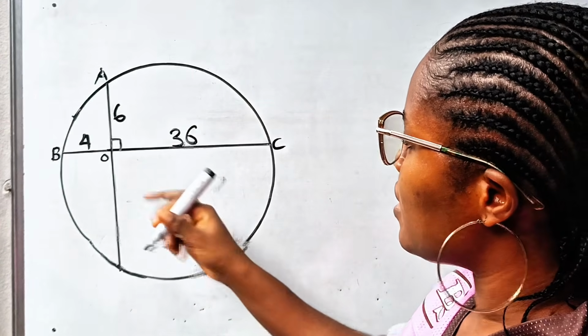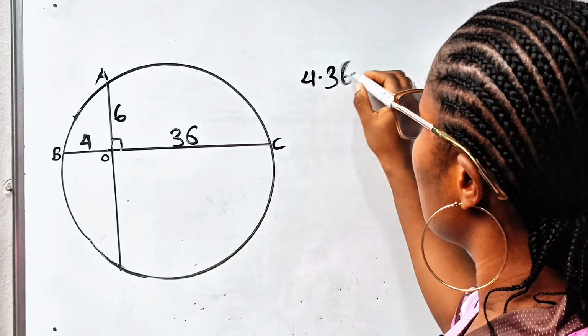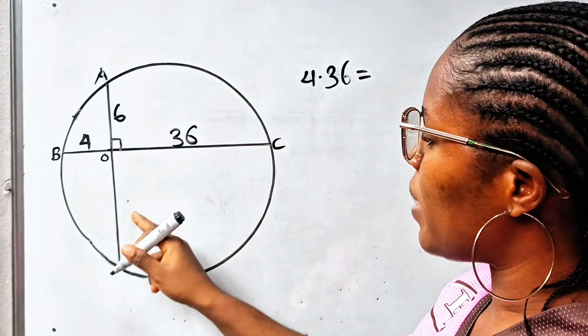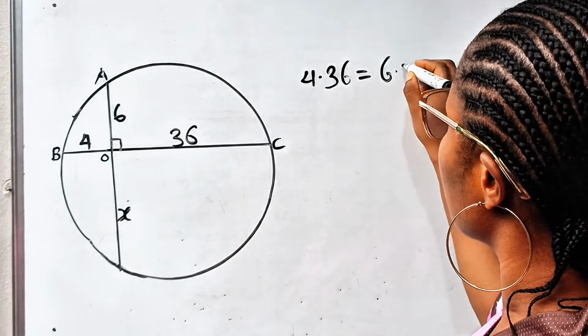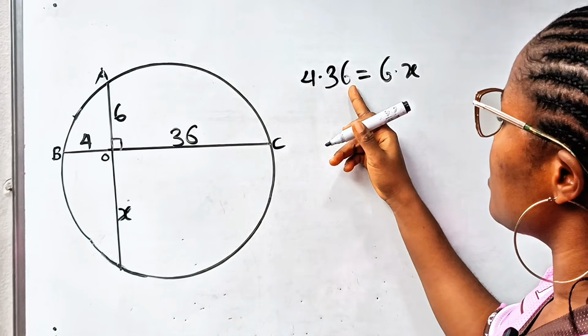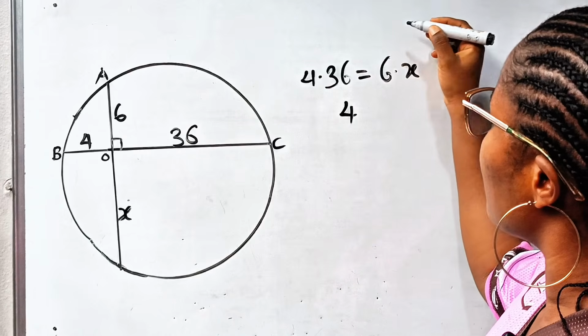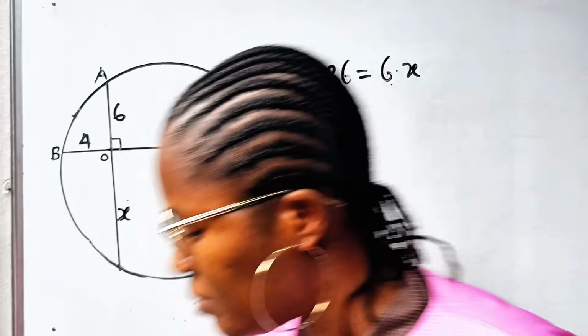So that simply means that 4 multiplied by 36 must be equal to 6 multiplied by this unknown. Let's call it x. All right, now let's solve. 4 times 6 is 24. We write 4 and, since this is 6, we can easily cross it out.